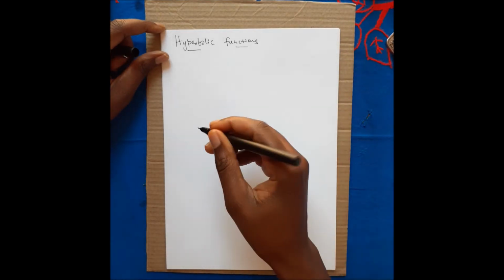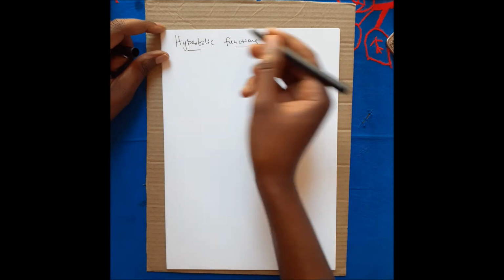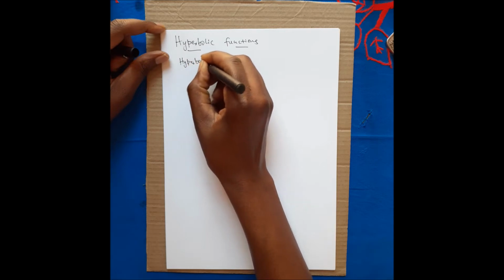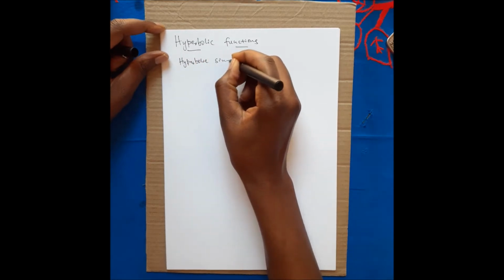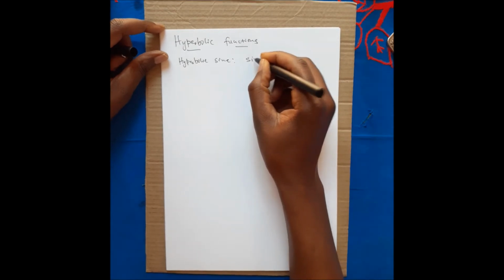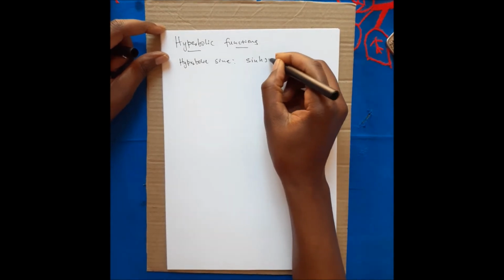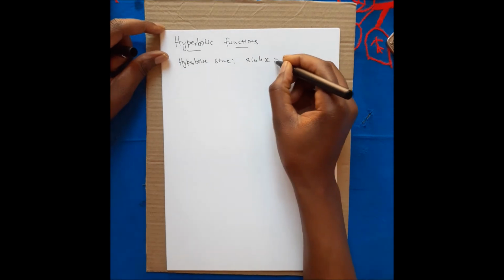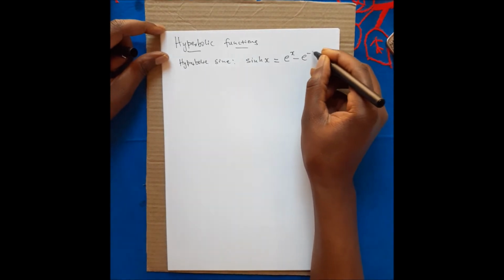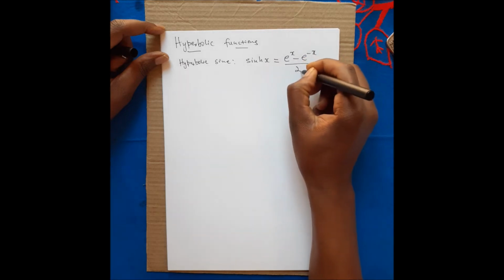For instance, we define the hyperbolic sine function. We write it like sinh of x, and this is defined by e to the power of x minus e to the power of minus x over 2.